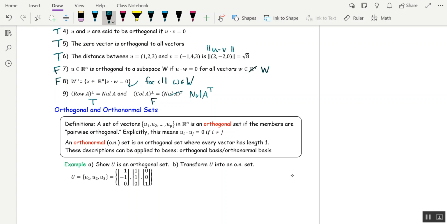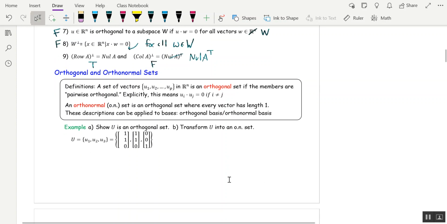Okay, so here's an example. Show that U is an orthogonal set. So part A, show that U is orthogonal. What we have to do is show that each vector is orthogonal to the others. So that's going to be 3 checks. U1 dot U2 should be 0.